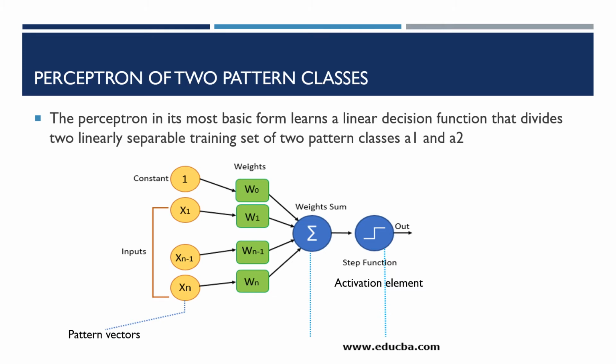This gives the decision function, which goes to the activation element, and it gives output as plus 1 or minus 1 based on the decision function's behavior.